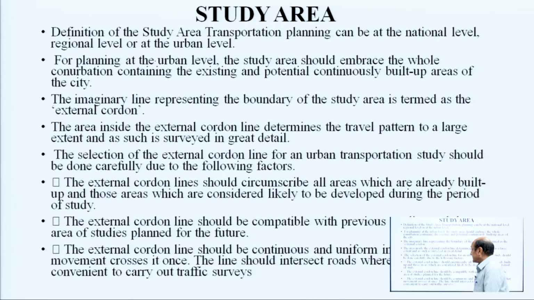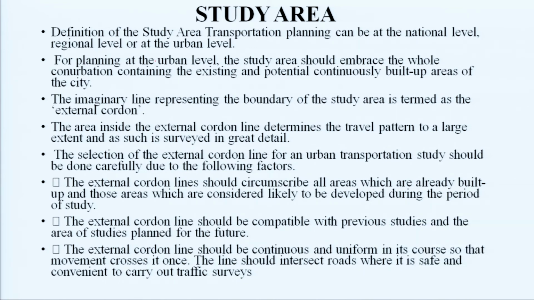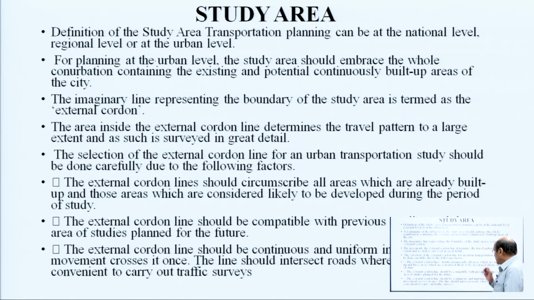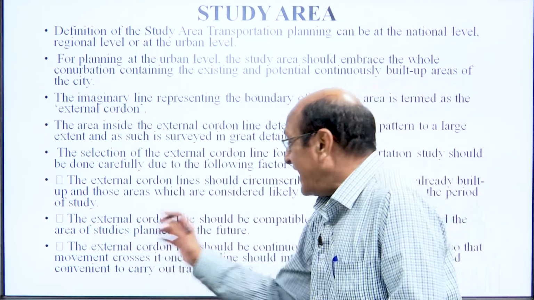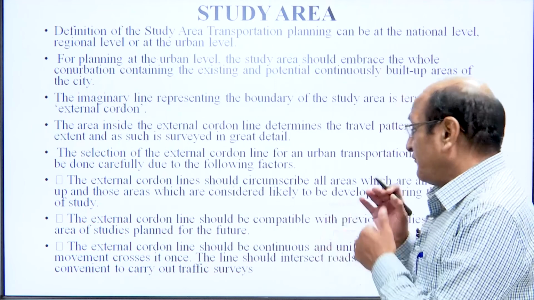The first factor is that the external cordon line should circumscribe all areas which are already built up and those areas which are considered likely to be developed during the period of study. Second, the external cordon line should be compatible with previous studies and the areas of study planned for the future.